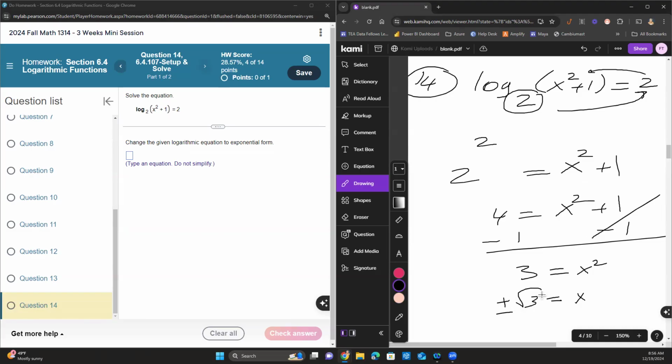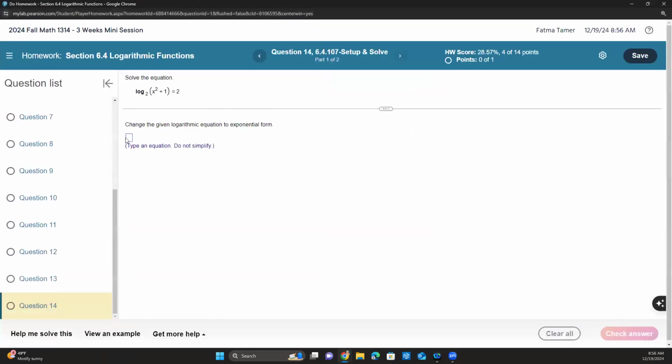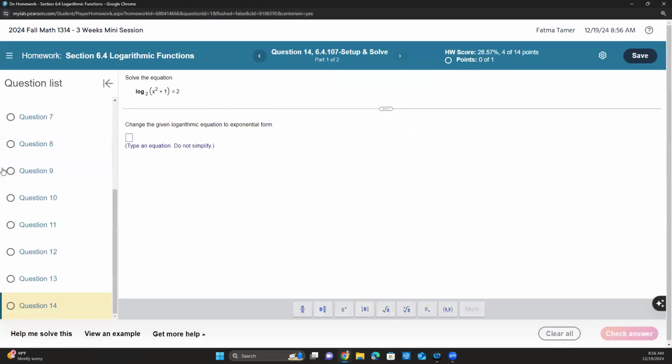Oh, this one didn't ask me to, I believe, first it says change the logarithmic equation to exponential form. Since we already solved here, let's just make this bigger. And then I think this will allow me to now type my answer here. First, I think it might be coming in parts. First, we're going to change this to an exponential equation.